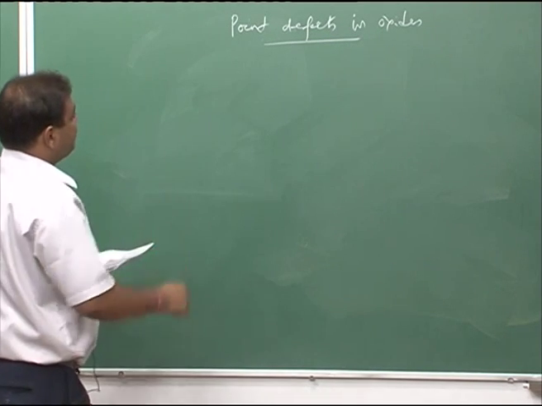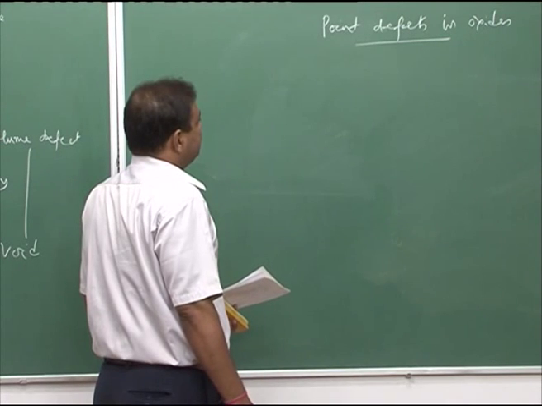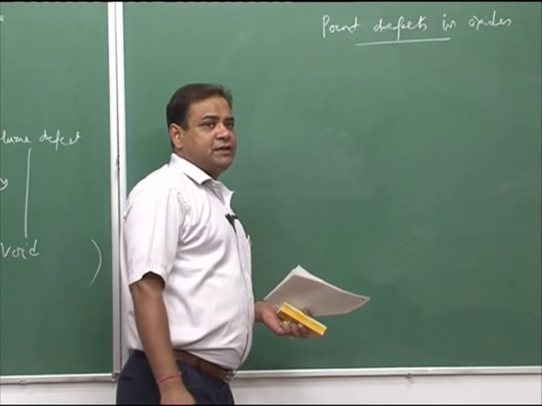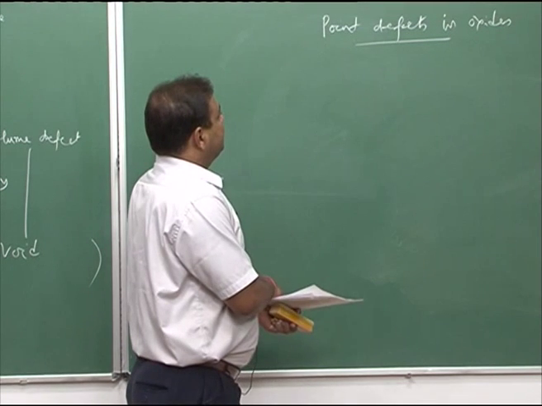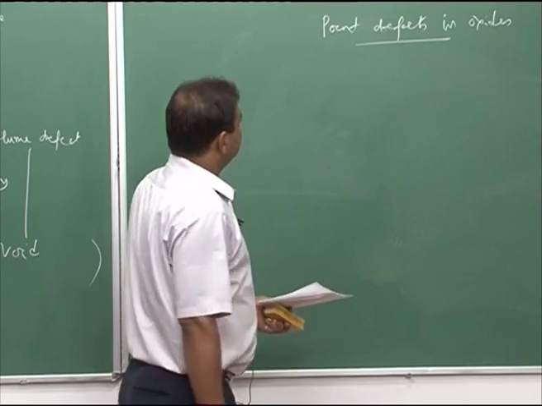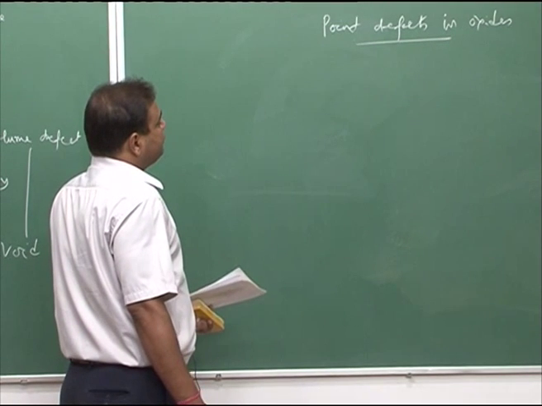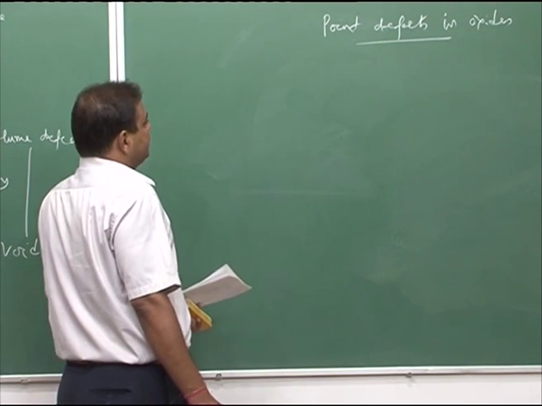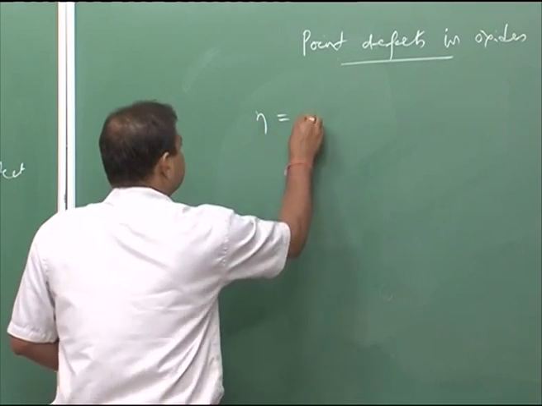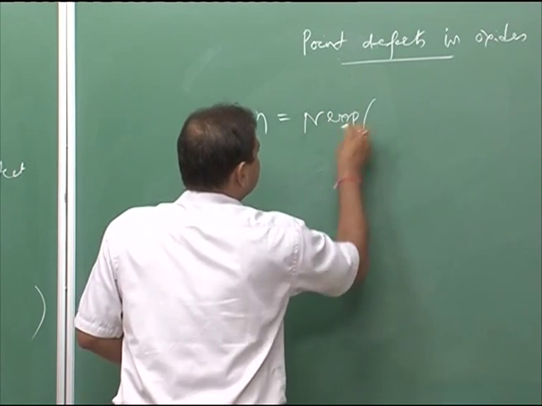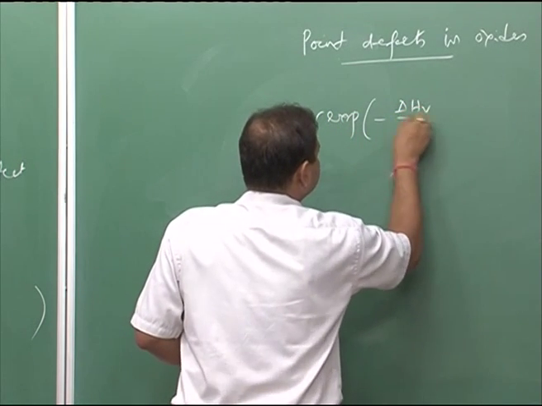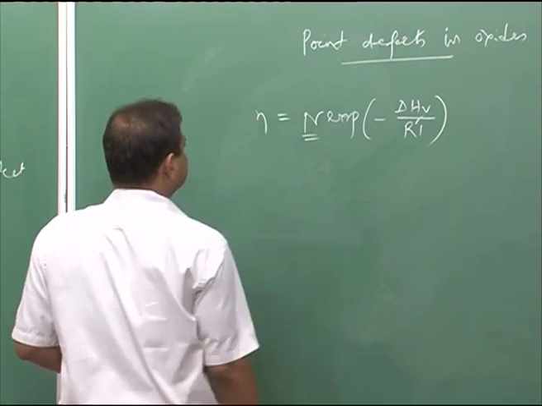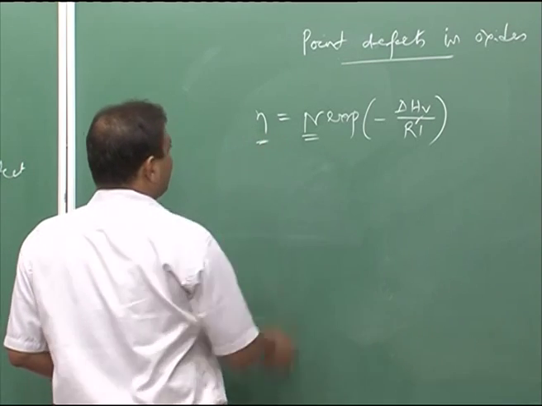Before coming to the point defects, we know that the point defect is a thermodynamically stable consideration, and the amount of point defect that exists in a particular solid would be determined from this formula: exp(−ΔH_V/RT), where this is the Avogadro number and this is the number of point defects.